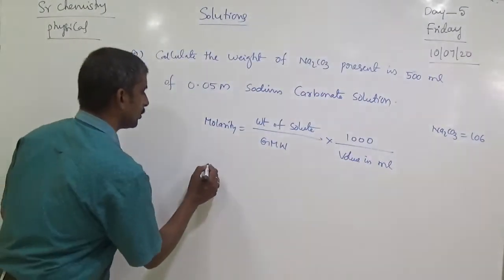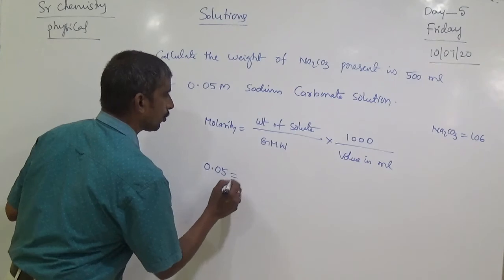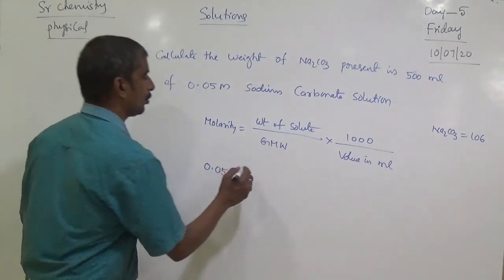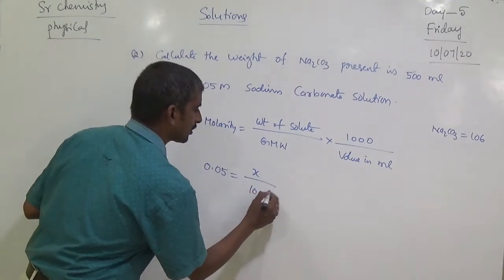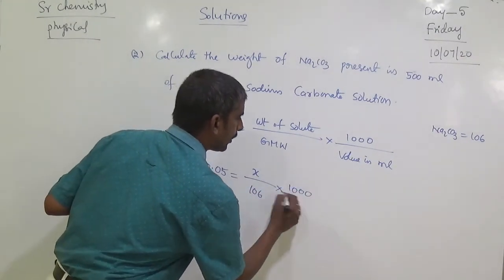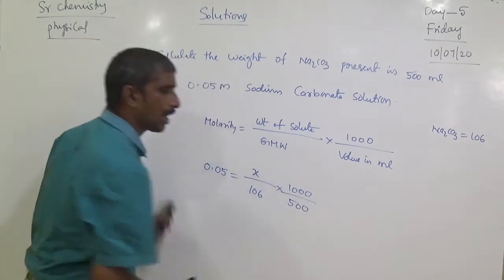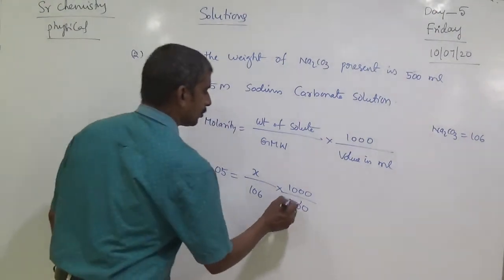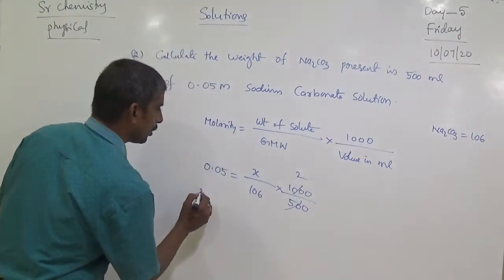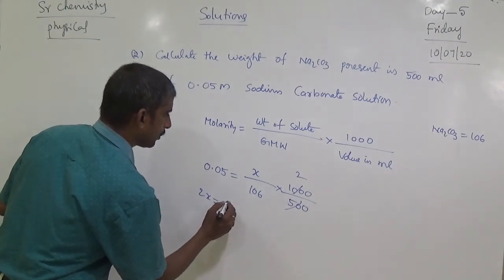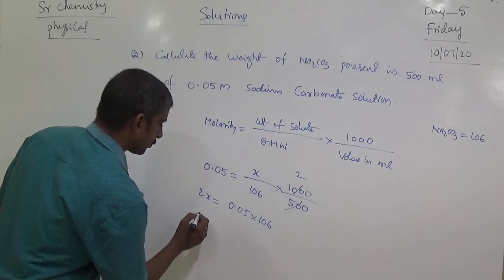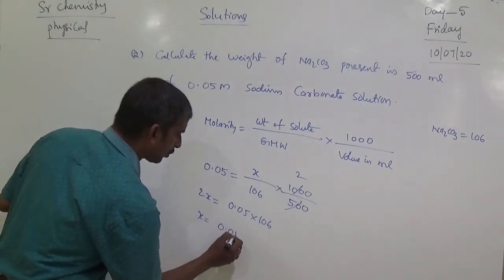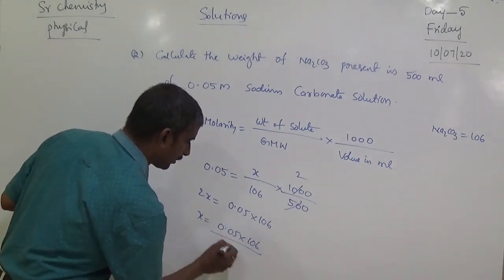Molarity is given as 0.05 M, equal to weight of solute, which we don't know, so weight of solute is x, divided by gram molecular weight 106, into 1000 by 500, the volume given. So these two cancel: 2x equals 0.05 into 106. So x equals 0.05 into 106 by 2.